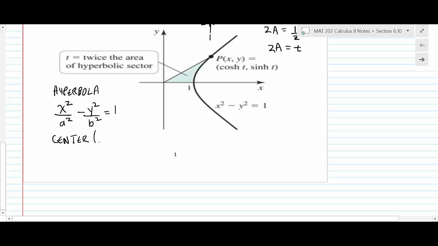That's the idea of a hyperbola. So I want you to just watch this. You don't necessarily need to write this down, but I want to give you a super brief review of what a hyperbola looks like. Now I'm going to look at a special hyperbola: x squared over 1 squared minus y squared over 1 squared equals 1. I'm going to show you how you graph this.